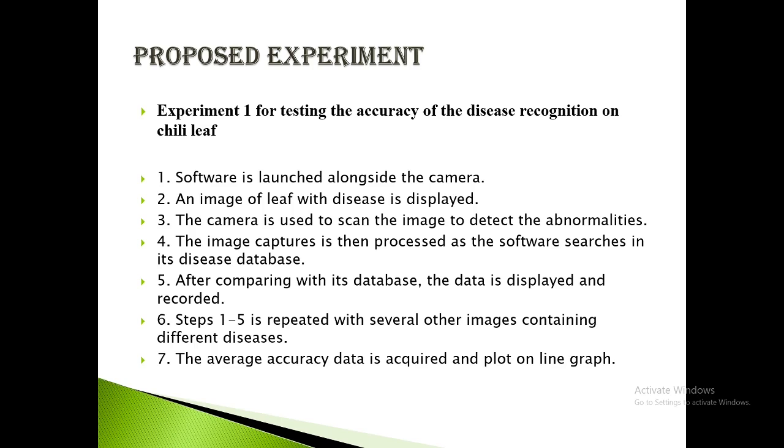The camera is used to scan the image to detect abnormalities. The captured image is then processed as the software searches the disease database. After comparing with the database, the data is displayed and recorded. Steps 1 to 5 are repeated with several other images containing different diseases. The average accuracy data is plotted on a line graph.